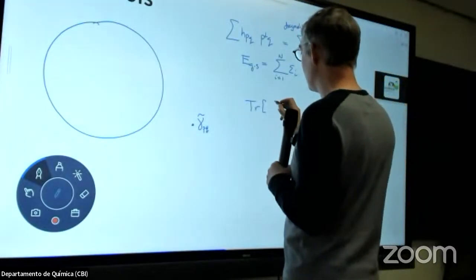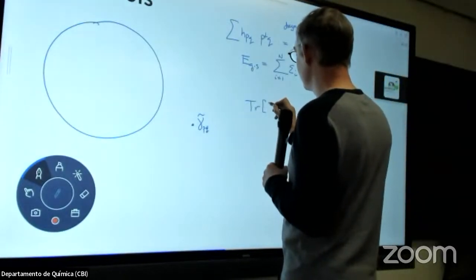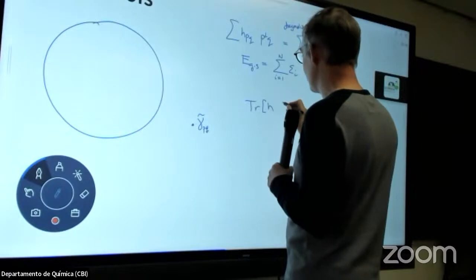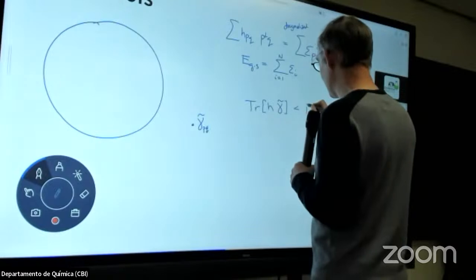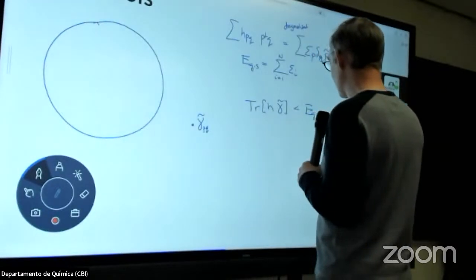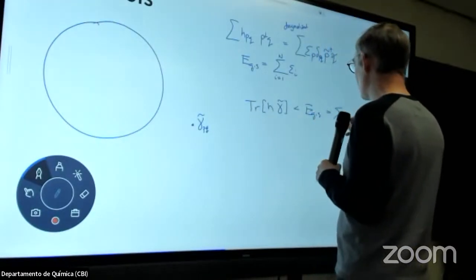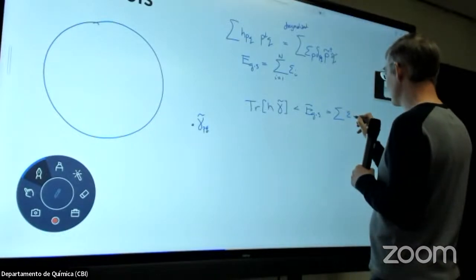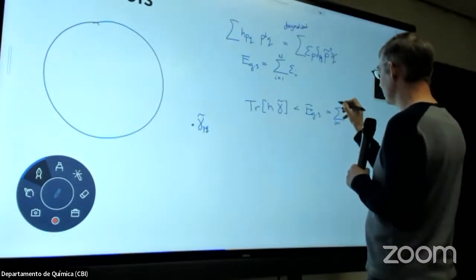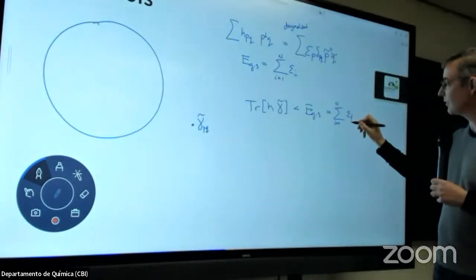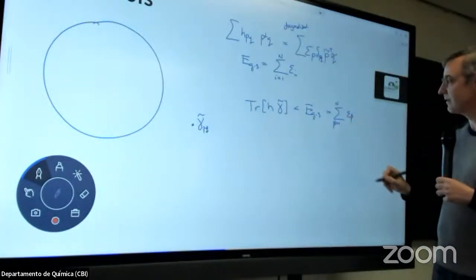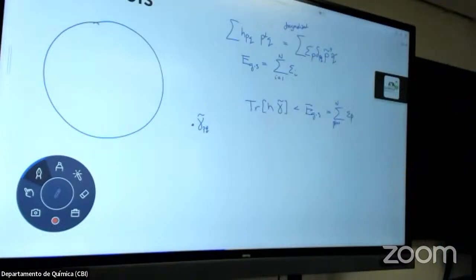And so H gamma tilde has to be less than the ground state, which is just like this, right? Just the sum of the lowest energies, okay?